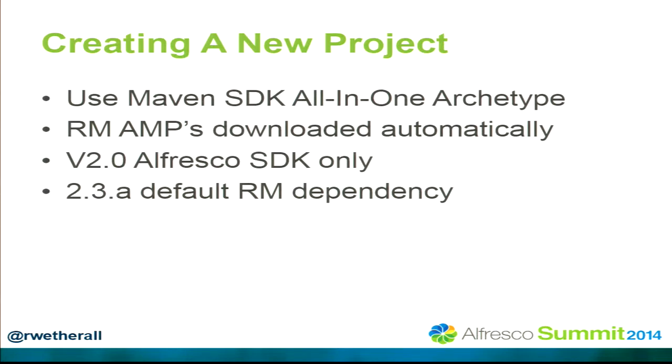We're talking again the V2 SDK and a 2.3a default RM dependency. So we haven't yet released a 2.3b. We do tend to lag behind the main product, obviously, because much like many of you guys, we are a dependent customization. So look out for that. Hopefully we'll see a 2.3b fairly soon.